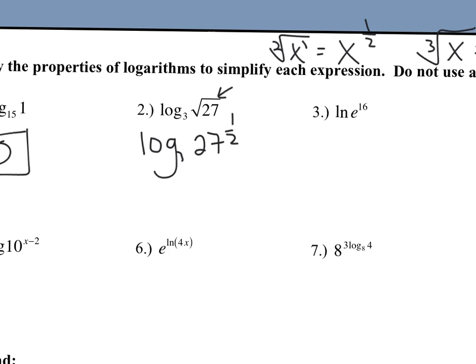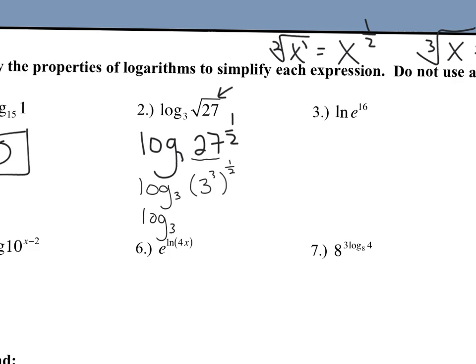That's going to be my next step. Again, it's not the only way of doing it. It's just the way that I'm going to do it. I'm going to rewrite 27 as 3 to the 3rd power, because 3 cubed is 27. And then I'm just going to carry that 1/2 down as an exponent. You may have to think back to properties of exponents. If you have exponents that look like this, you're going to multiply them. So 3 times 1/2.